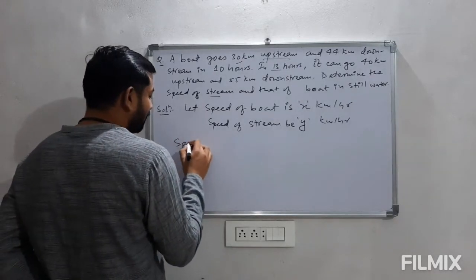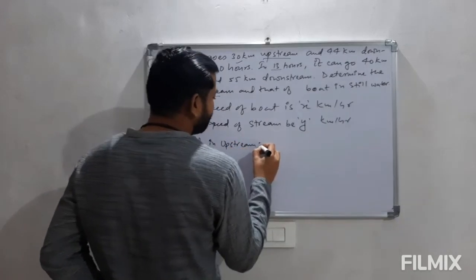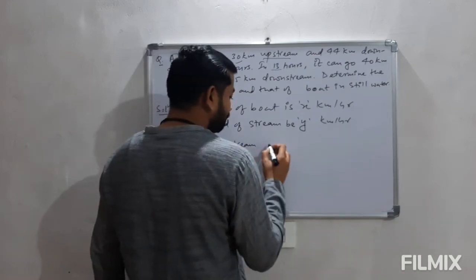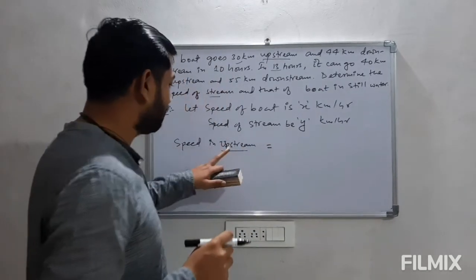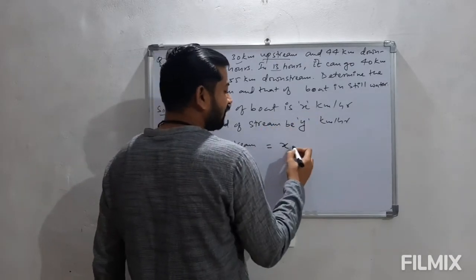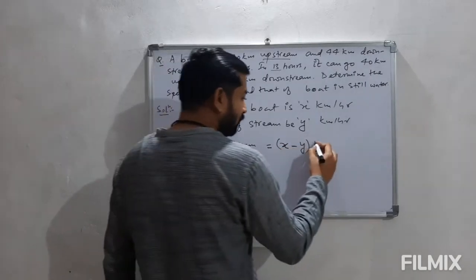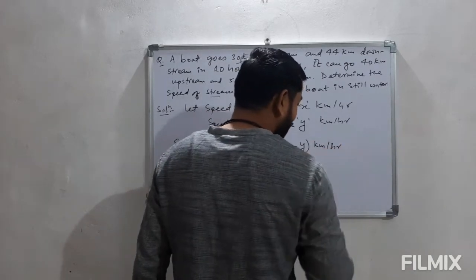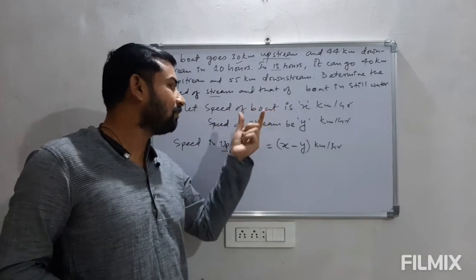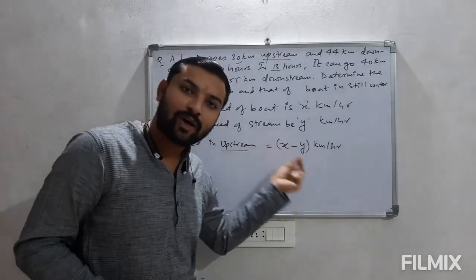So what will be the speed in upstream? In upstream the boat needs to overcome the speed of water, so the speed of the boat will be greater, that is x, and we have to subtract as they are in opposite directions. In upstream we subtract the lower value from the higher value. The boat's speed must be more than the water's speed, so x is greater than y, and we are subtracting y from x.